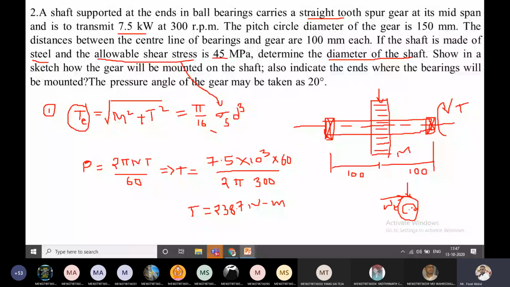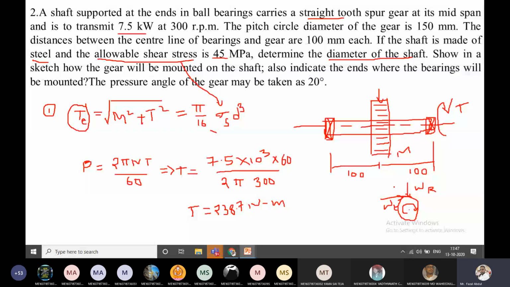One tangential load is acting here, one radial load is acting here. Tangential load because of the power, and radial load because another gear is meshing here. Because of these two loads, the resultant load is acting, that is known as the normal load.